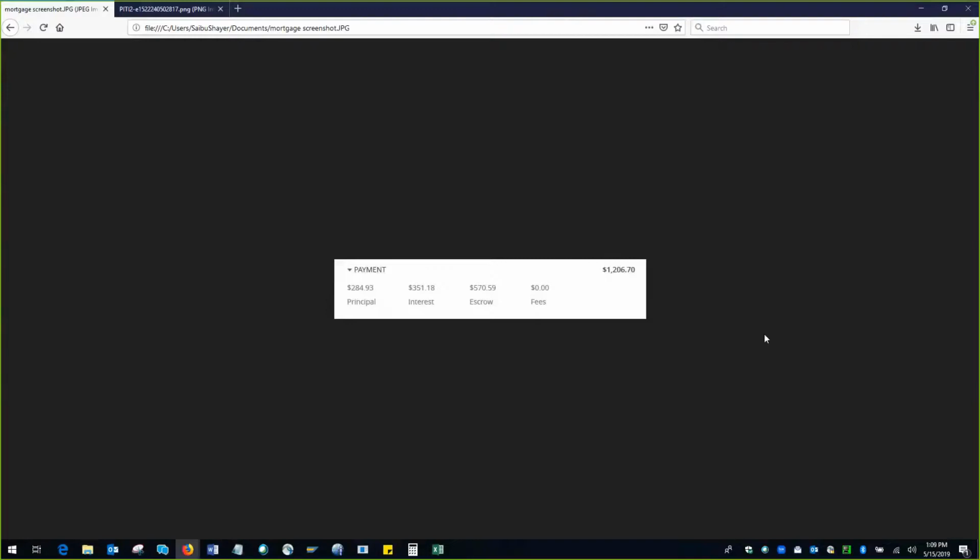As you can see here, this is an actual screenshot of a monthly mortgage statement. Depending on who you have your mortgage with, you should see something very similar to what you're seeing on the screen. Now, before we dive into how to read a mortgage statement, I think it's important to understand why we need to do that.